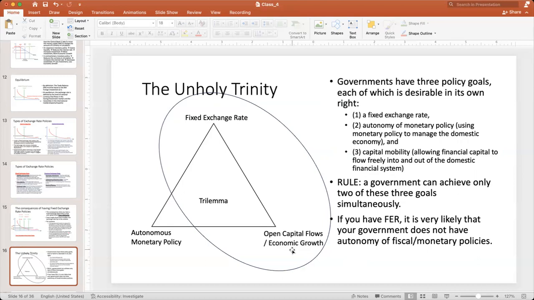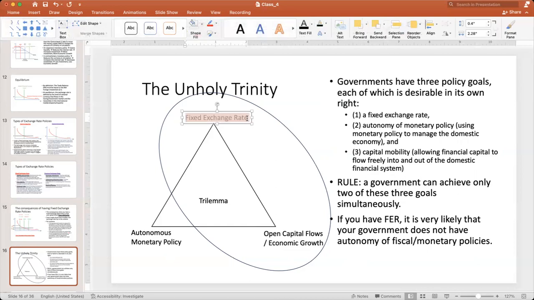However, the problem is that if they want to use monetary policy to boost their economy, they are not allowed to do that. Why? Because they are constrained by the fixed exchange rate.